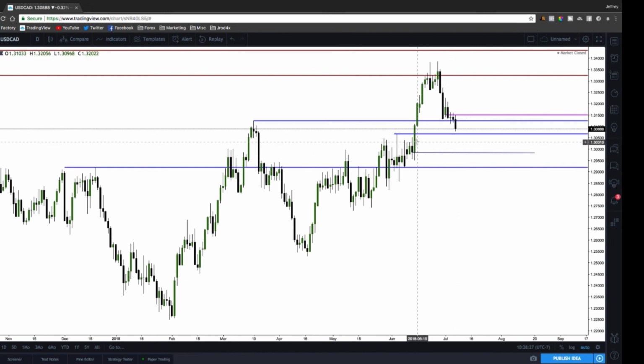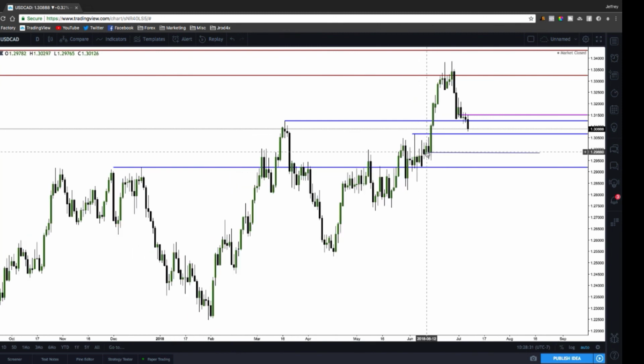So I'm being cautious again, because I don't necessarily have 100% confidence that the dollar index is done with its bullish run, because I don't trust equal highs ever, and we have relatively equal highs here in dollar CAD. So it's just hard for me to trust that.